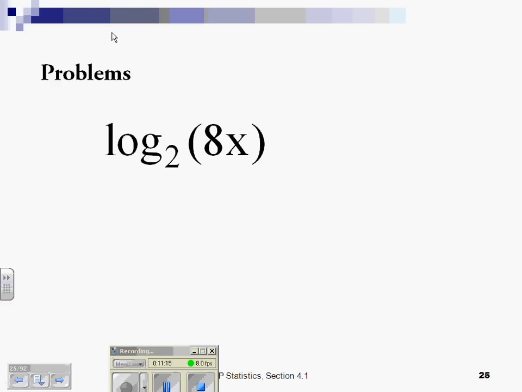Okay, so let's do a couple of examples, and you can try these on your own and then write the answers down. So we have log base 2 of 8 plus log base 2 of x. This is 3 plus log base 2 of x.